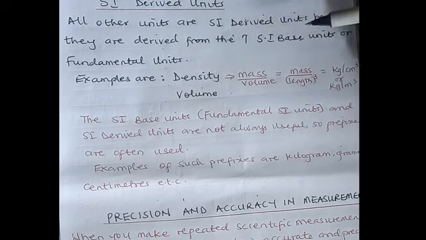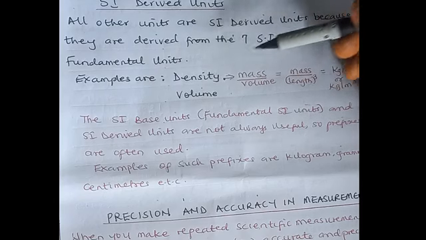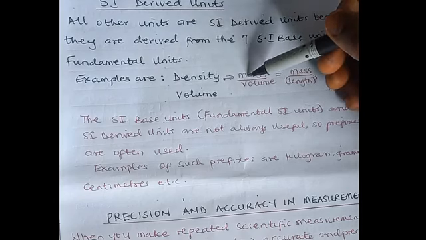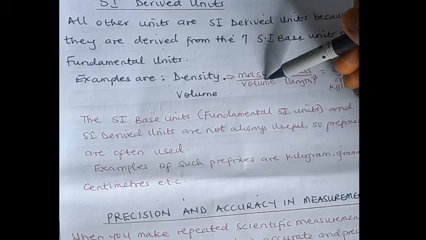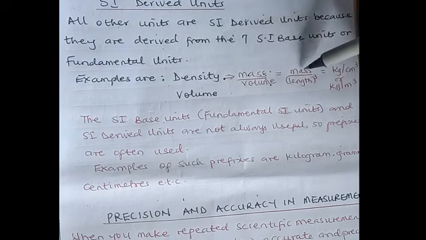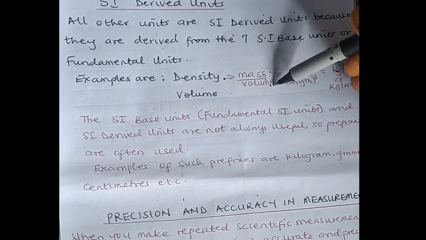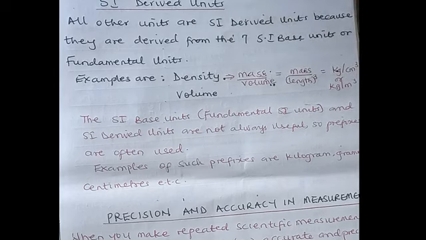A very good example here is density. What is the formula for calculating density? Mass per volume, or mass over volume. Knowing fully well that mass is in kilogram and volume is in centimeter cube.